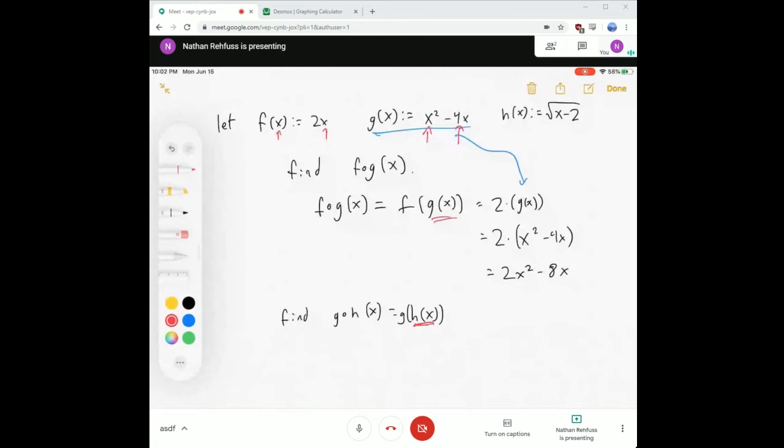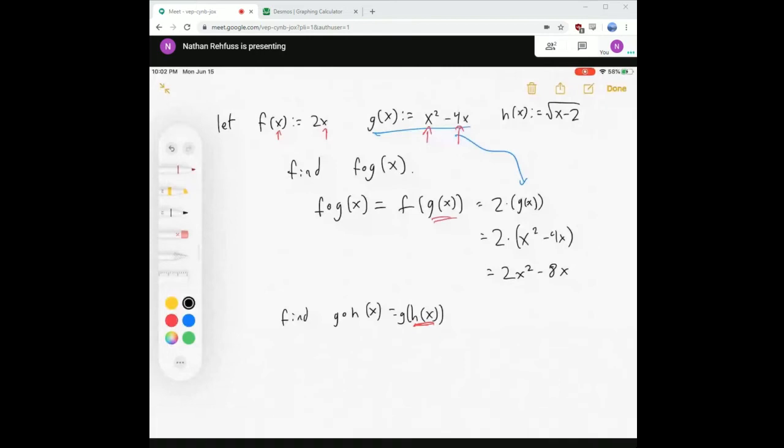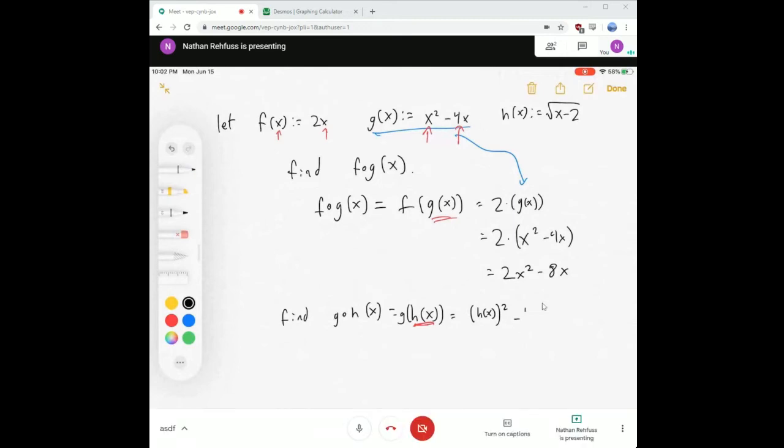So g of h of x is equal to h of x squared minus 4 times h of x. So everywhere that there was an x, I put an h of x, and just to be safe, I put it in parentheses. Now, instead of putting the name h of x, I'm actually going to put the formula for h of x, which is root x minus 2.